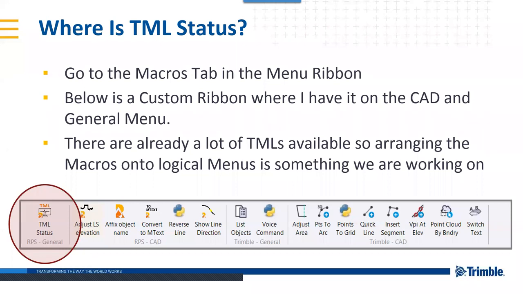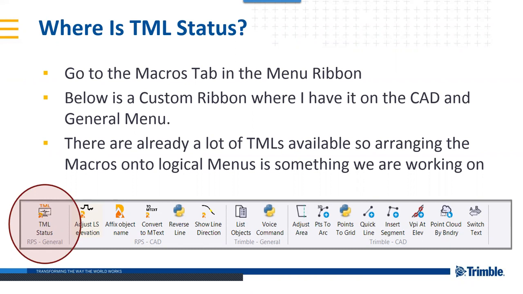And on the right-hand side, you see the Trimble commands. So things like converting points to a regular grid, the quick line, which is like line string without all the overhead, inserting a segment into line strings, generating VPIs at a specific elevation on a line string by interpolating from the other VPIs on the line, generating point cloud regions by boundary, being able to flip text between two locations.